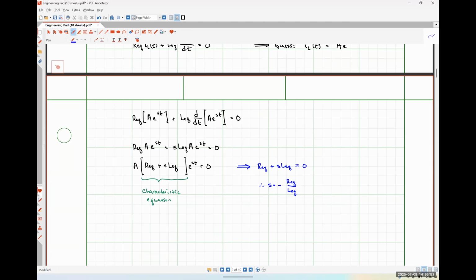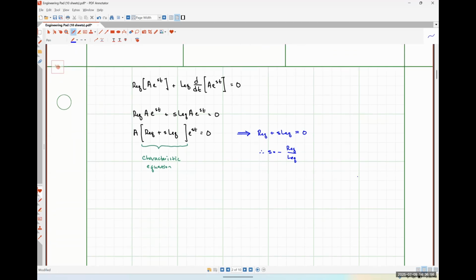So if we put this result in our expression for IL of t, we would now have that IL of t is equal to A e to the negative REQ over LEQ multiplied by time. And this is technically only valid for 0 plus is less than t is less than infinity. Sorry, that infinity symbol looks crappy.